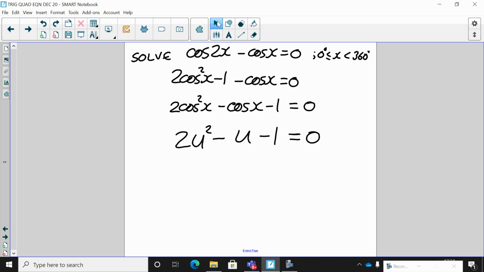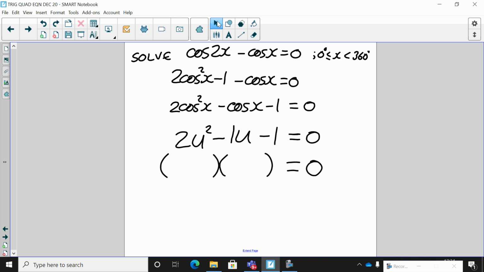I know how to factorise things, so I'm going to put in a 1 there, just in case you want to use the quadratic formula as well. A is the number in front of the square term, that would be 2. B, the number in front of the single u term, is -1, and the constant term is -1 at the end next to equals.